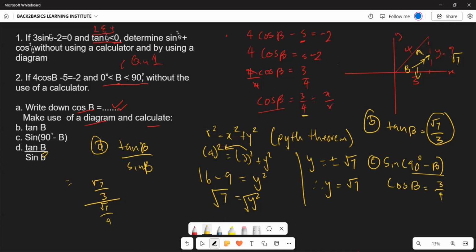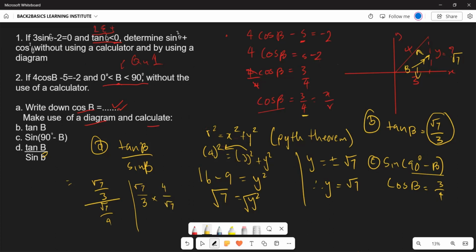You can say now what you are having there: you are having root 7 over 3 divided by root 7 over 4. Now you can change this into a multiplication sign, right? So if you change this into a multiplication sign, then you must swap the fraction. So this is going to be the same as root 7 over 3 multiplied by 4 over root 7 altogether.